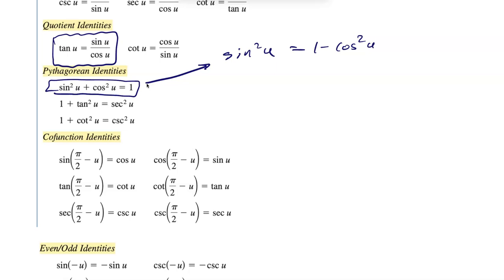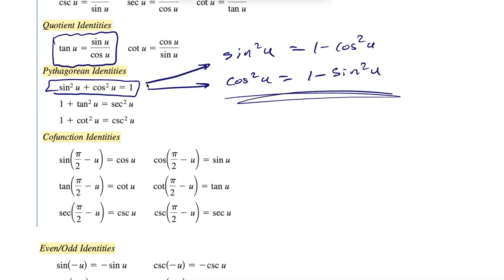And the same thing, if you get cosine by itself, you get cosine squared equals 1 minus sine squared. These are also very important to have memorized. We probably use these more than sine squared plus cosine squared equals 1.